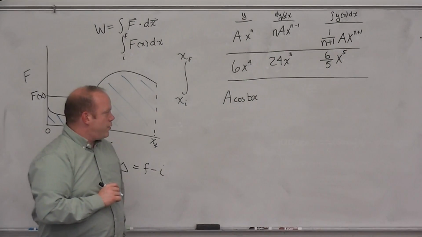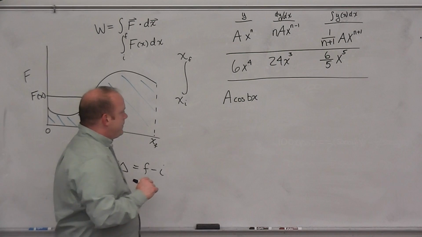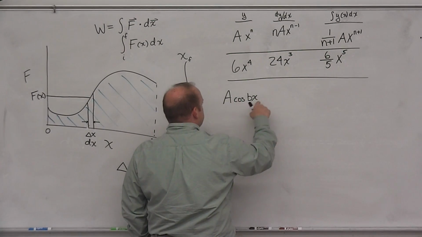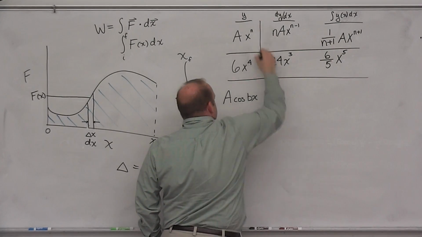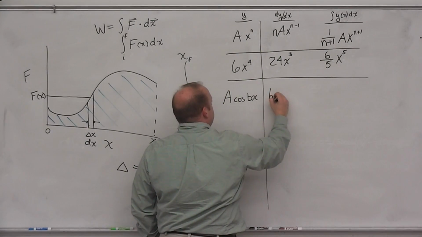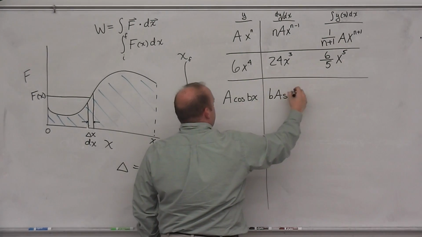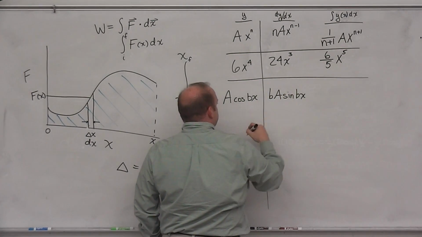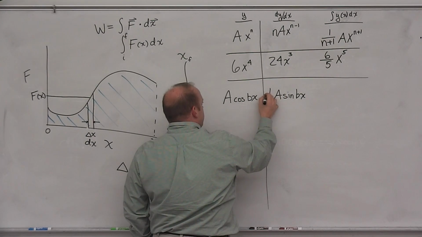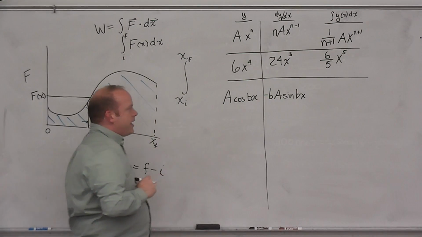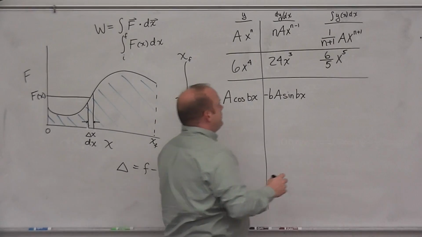This is a chain rule thing to take the derivative. So this would be a sine, and it's still the same function, bx. The derivative of cosine is a negative sine, though. Negative sine.